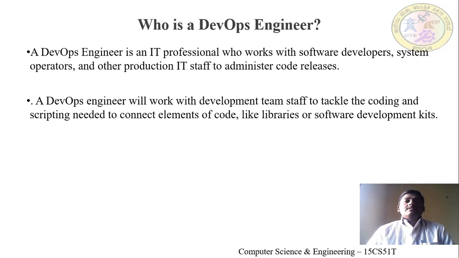Whatever scripting is needed to develop the application, and the libraries needed to support it, they give that information to the developers. Once again, a DevOps engineer is an IT professional who works with software developers, system operators, and other production IT staff to administer code releases.